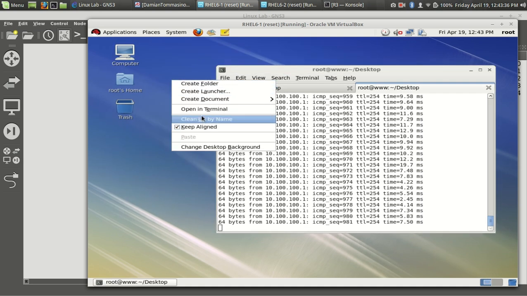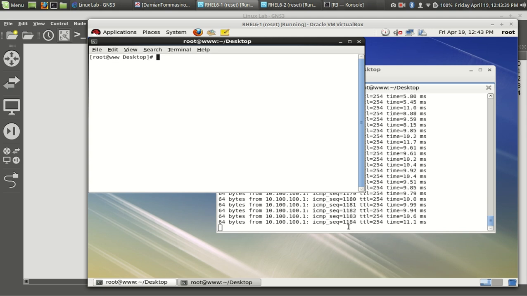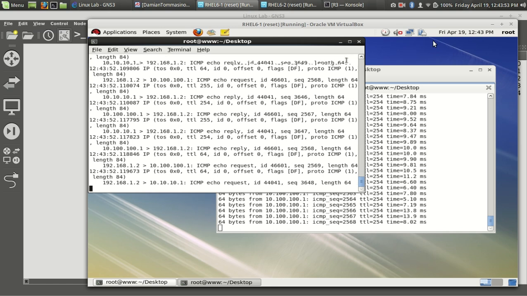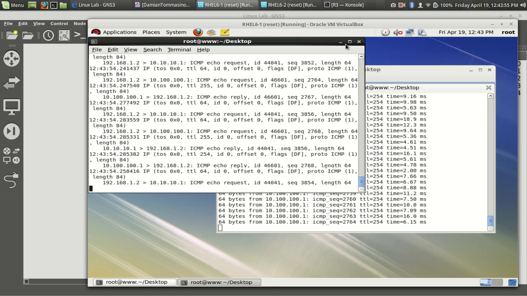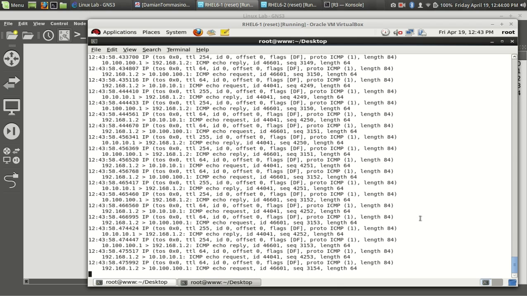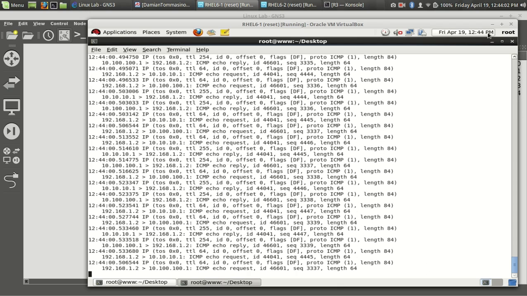Open up the second terminal. I want to show very verbose, 3 times. This is the live traffic. You can see this is very fast traffic. That is why this is the main thing I want to demonstrate.